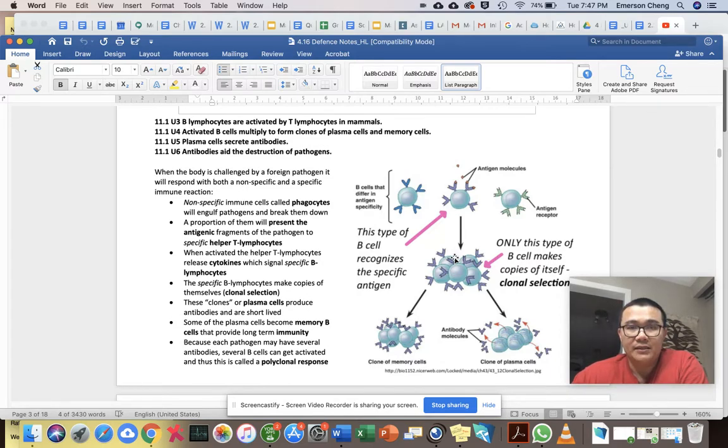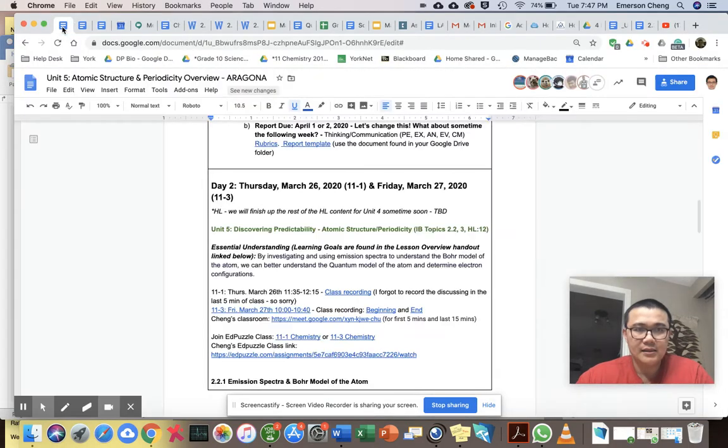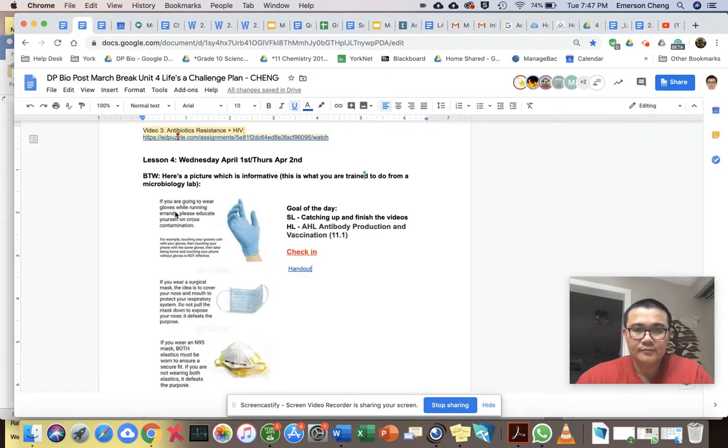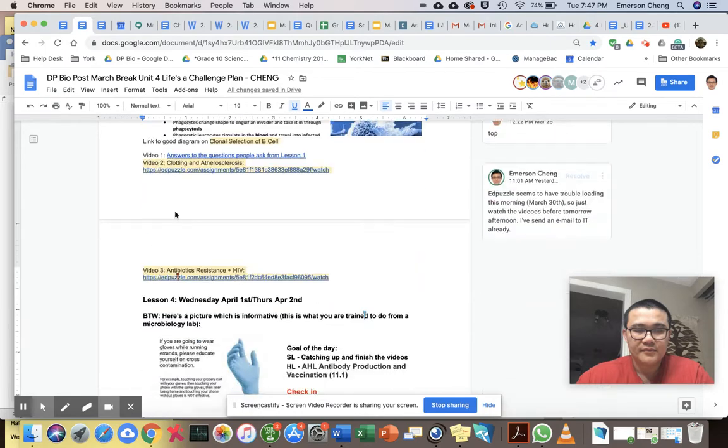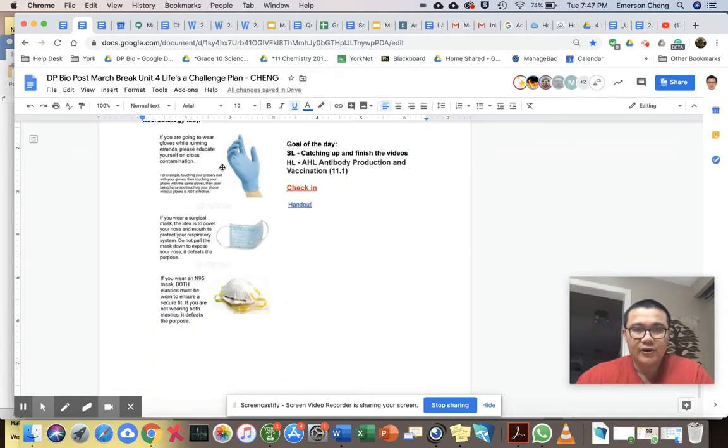Now, antibody development. This here is very similar to what we talked about in our previous lesson. So let me see. This diagram, I put it on our board.